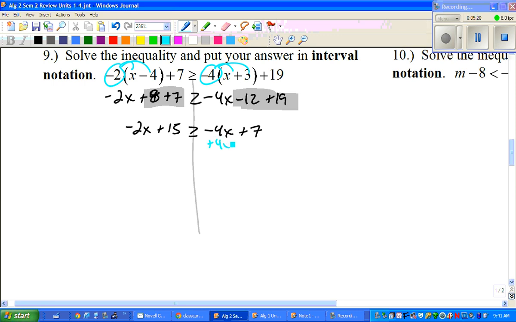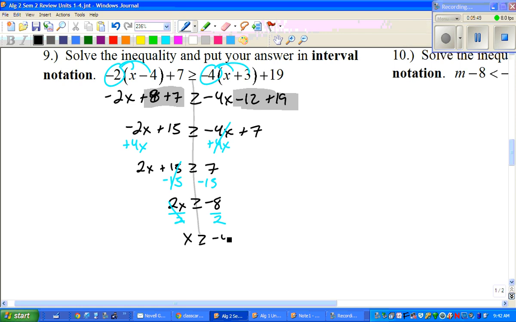We want to get our variable to one side, so I'm moving the smaller variable. So we get 2x plus 15 is less than or equal to positive 7. Subtract the 15 to both sides. 2x is greater than or equal to negative 8. And divide by 2. We get x is greater than or equal to negative 4.